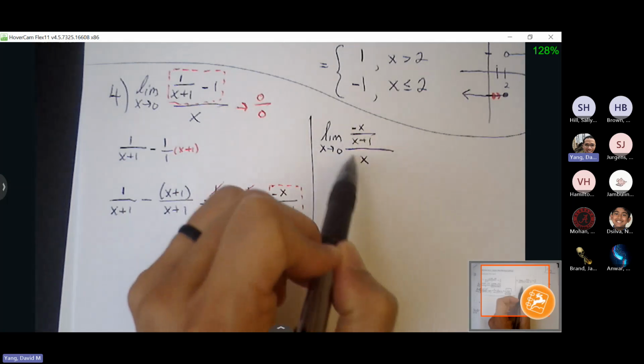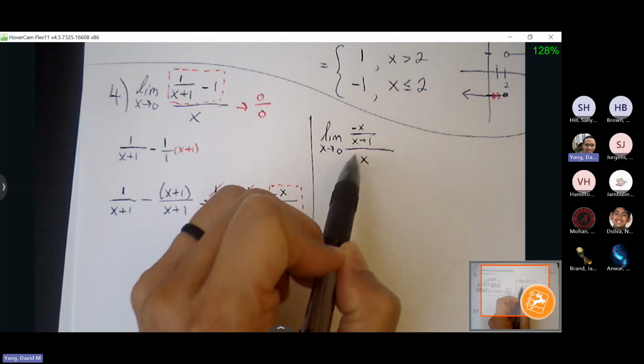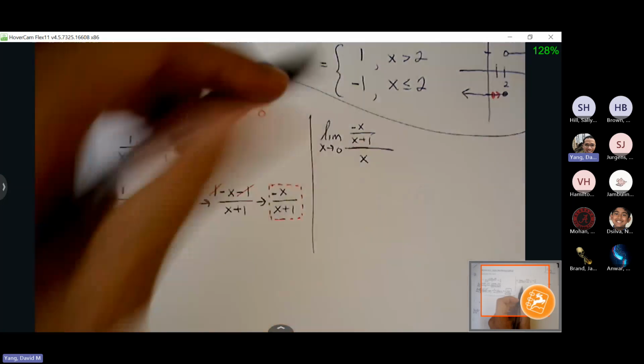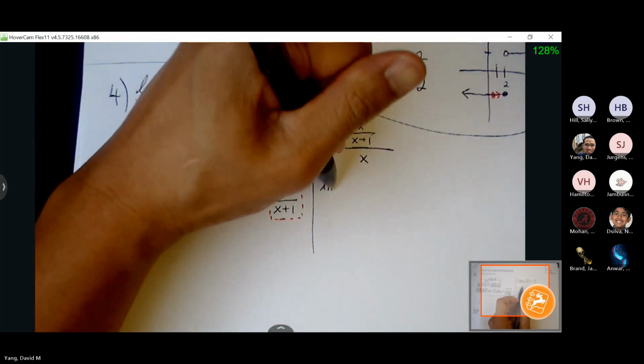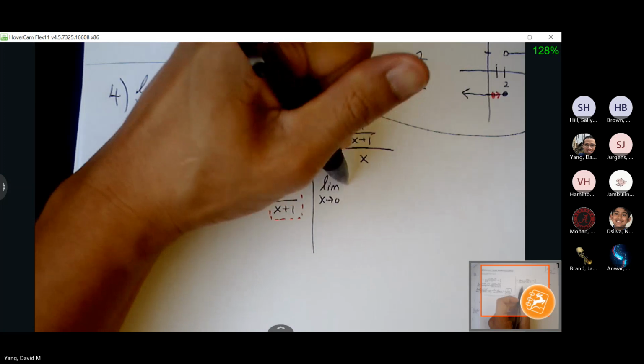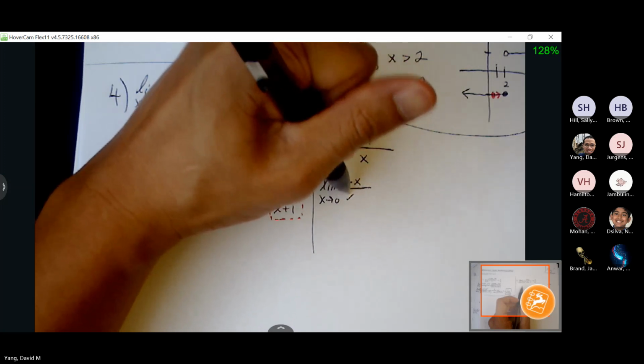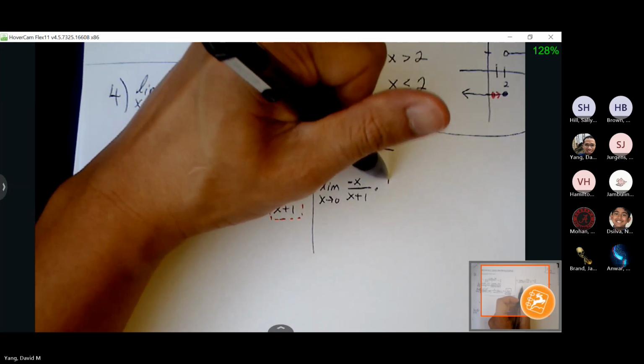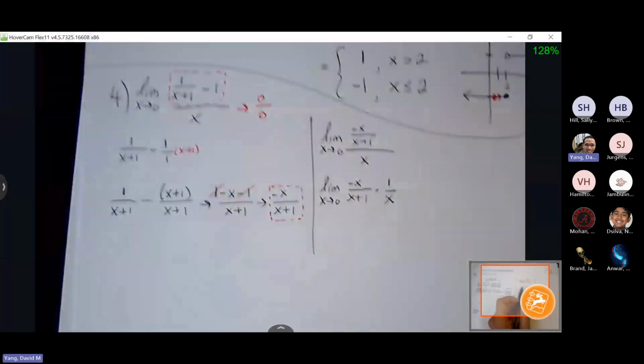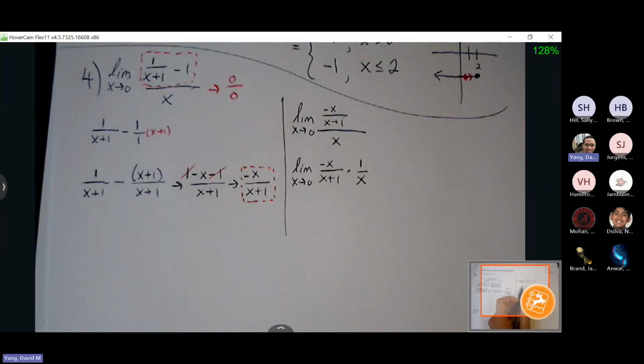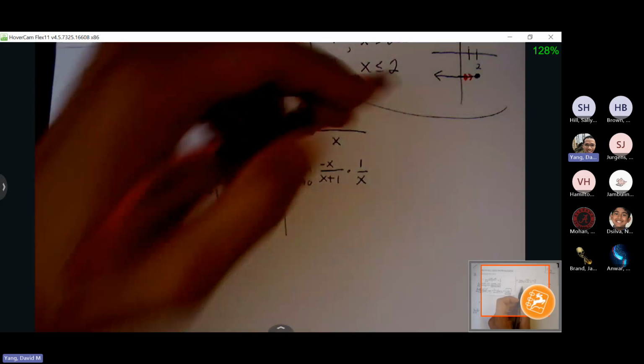So this divided by x is the same thing as this multiplied by the reciprocal of x. Now it's easier to see where the pairing and the canceling out will occur.